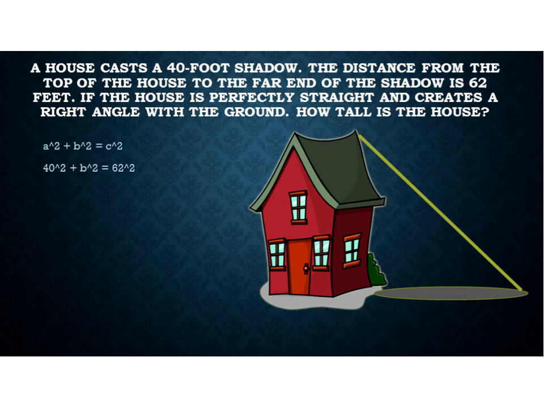We have our Pythagorean theorem, and we're going to plug in our values. 40 goes in for A because it is one of the legs. We are looking for the other leg, which is how tall the house is, so we're going to leave B alone. And then the hypotenuse of this picture is 62 feet, so we plug 62 in for the letter C. We square 40 and we get 1600.